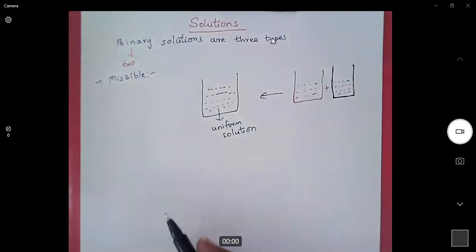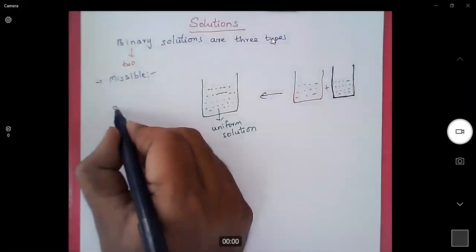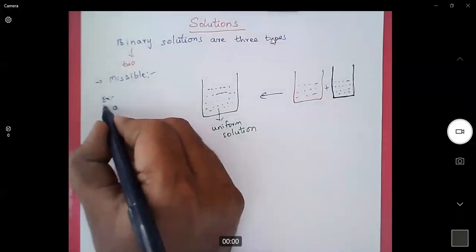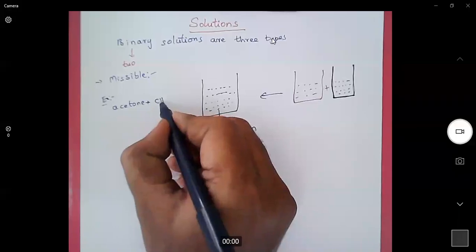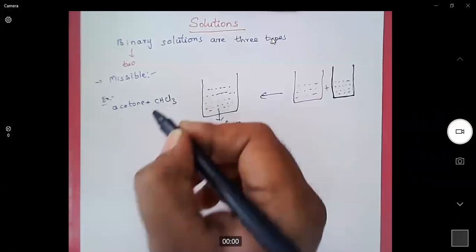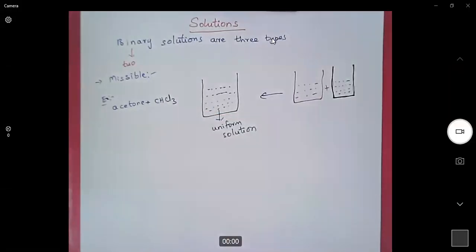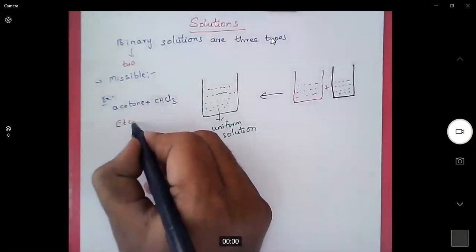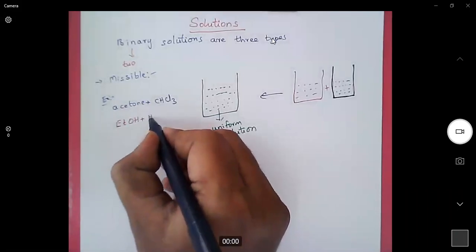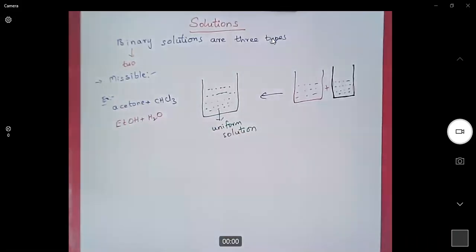For example, look at acetone and chloroform. Acetone is an organic solvent. Chloroform is also an organic solvent like oil. So they will mix with each other in all respects. Of course, you might have some idea that alcohol and water are miscible in all respects.